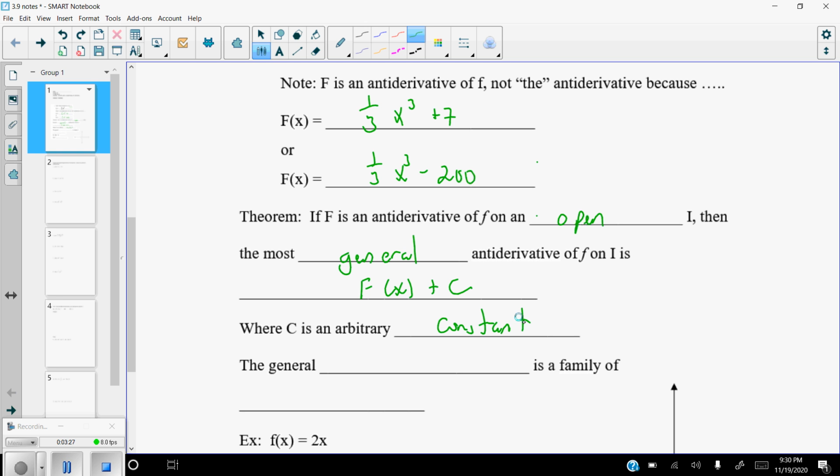So the general antiderivative is a family of functions. Okay, what does that mean?